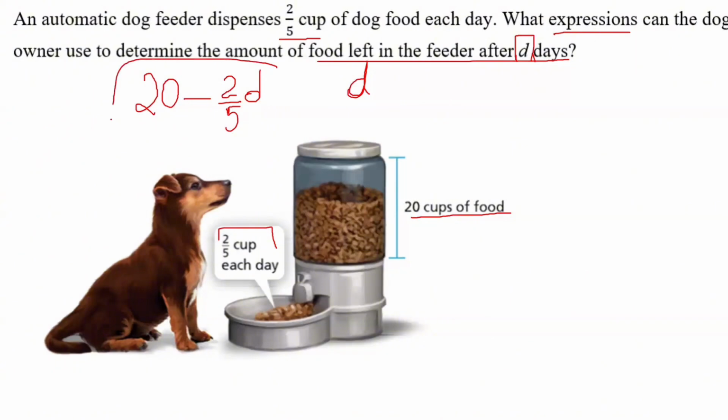This is the expression that would represent this situation: 20 minus 2/5 d, which is the same thing as 20 minus 2/5 times d. So whatever the number of days is, you are going to multiply by 2/5, then take it away from 20, and that would determine the amount of food that is left in the feeder.